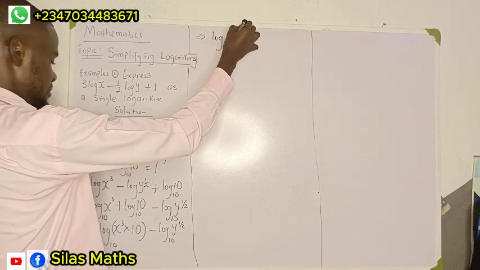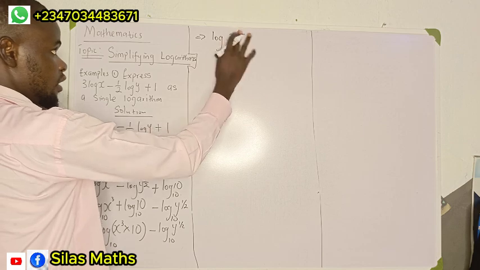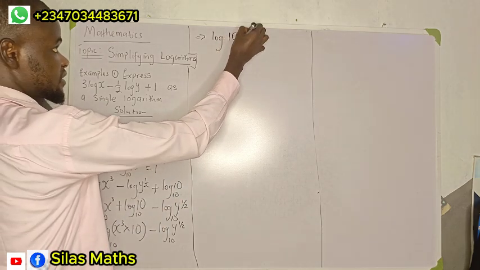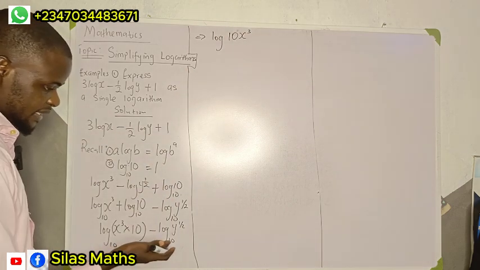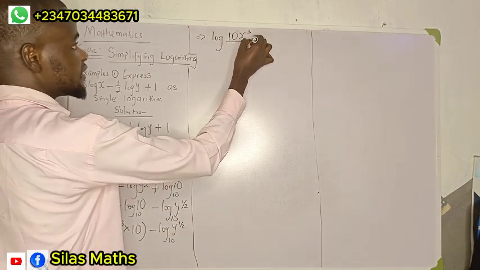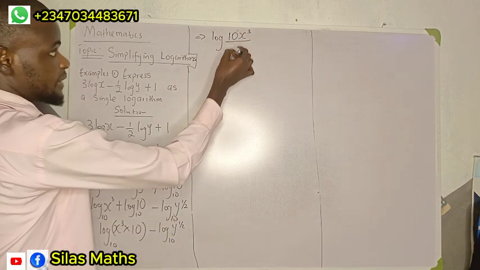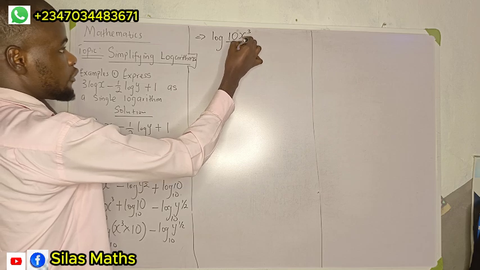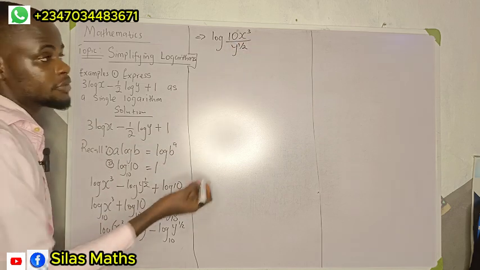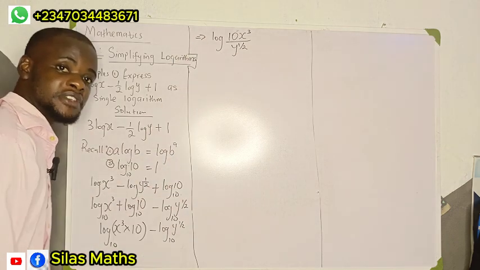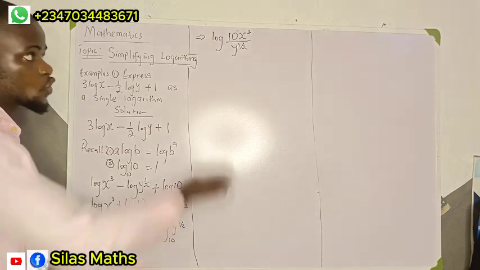Logarithm of x to the power of 3. But of course, this times this is going to give us 10x raised to the power of 3. Then divided by, that is the subtraction law, y raised to the power of what? 1 over 2. And I hope you remember that y raised to the power half, or any number or variable raised to the power half, is something as what? Square root.